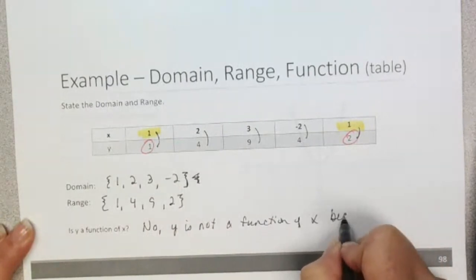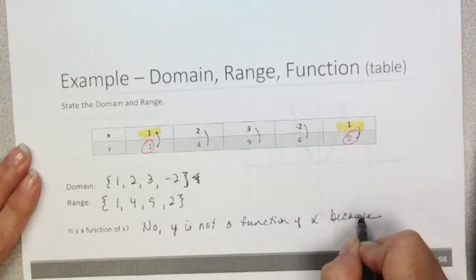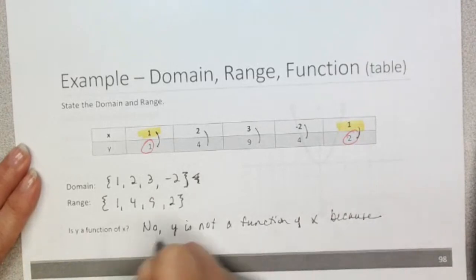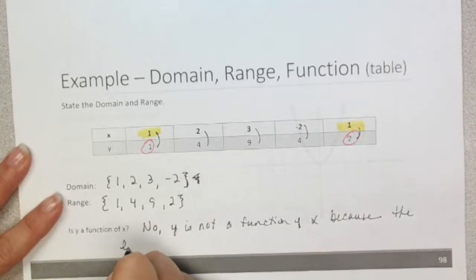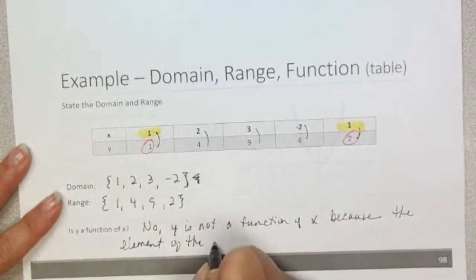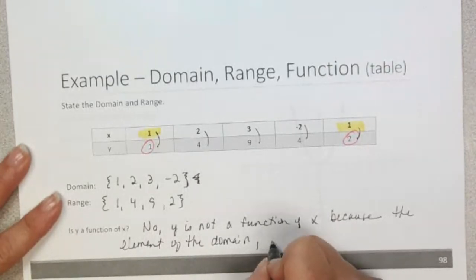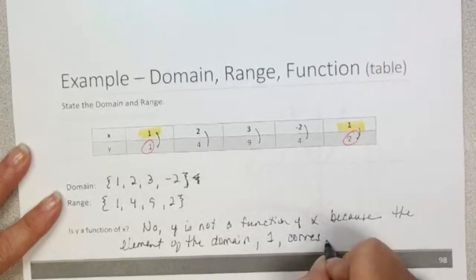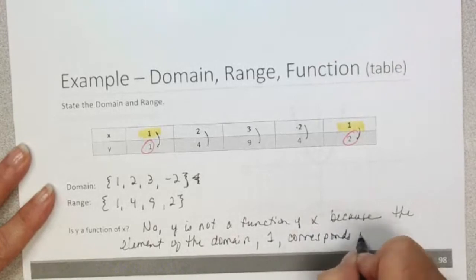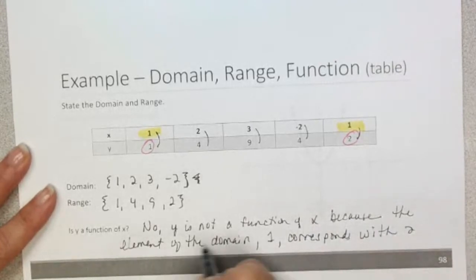And I could say because the element of the domain 1 corresponds with 2 elements in the range.